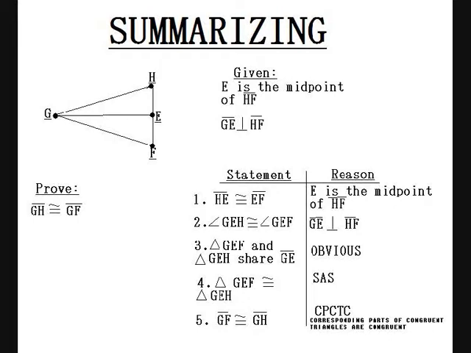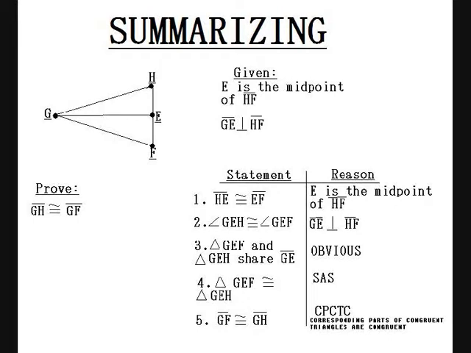The first step would be that line HE is congruent to line EF, and the reason is that E is the midpoint of line HF. The second statement is that angle GEH is congruent to angle GEF, and the reason is that line GE is perpendicular to line HF.